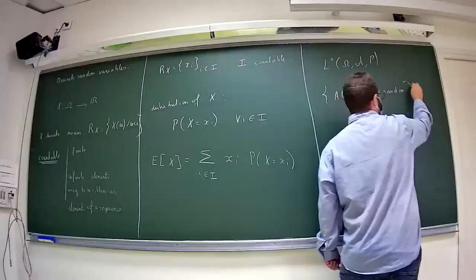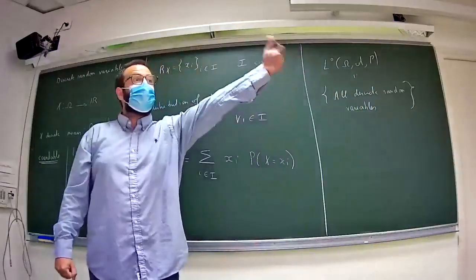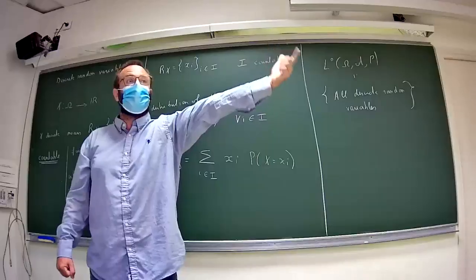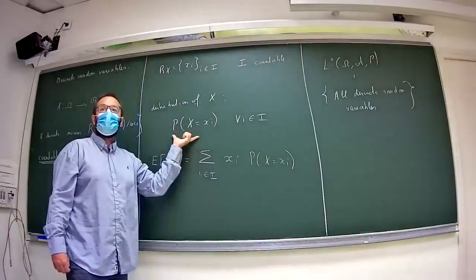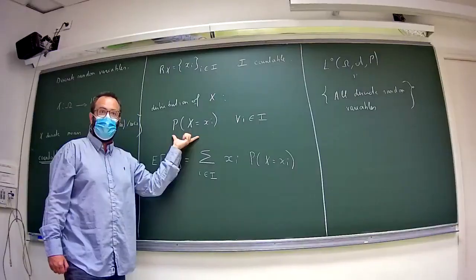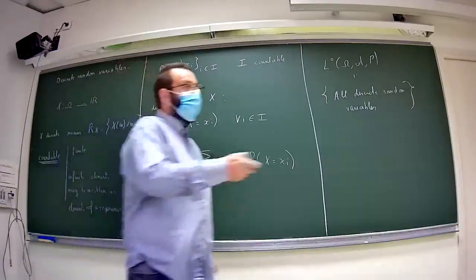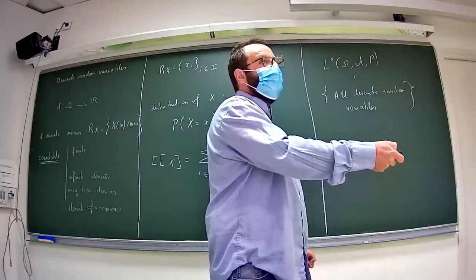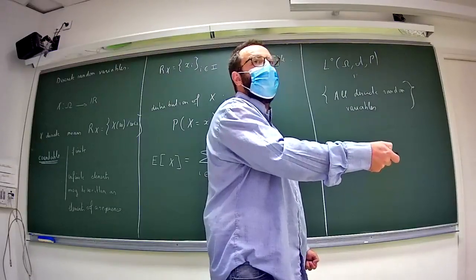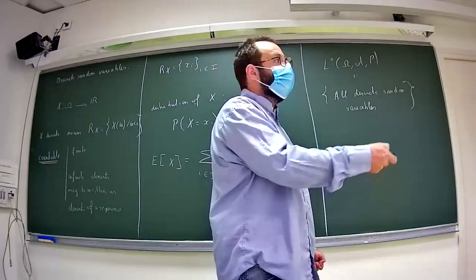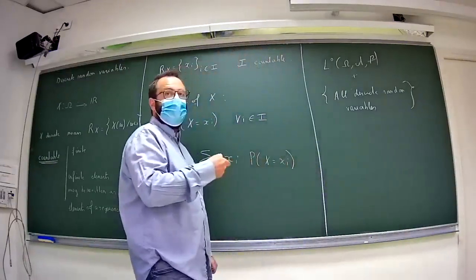Because we have seen together that in my definition, when I take p equal to 0, the fact that the sum is finite is always fulfilled, because the sum of all these probabilities is equal to 1. So taking p equal to 0 in the definition of LP, the sum is always finite, meaning that all the discrete random variables belong to this space.